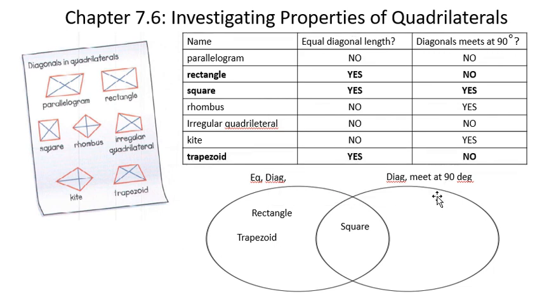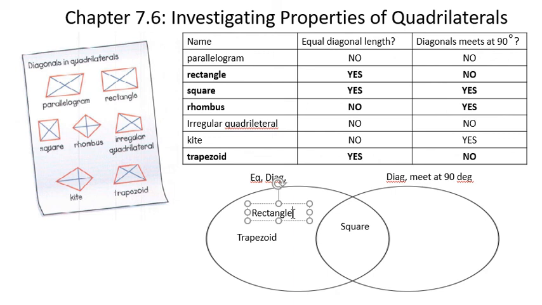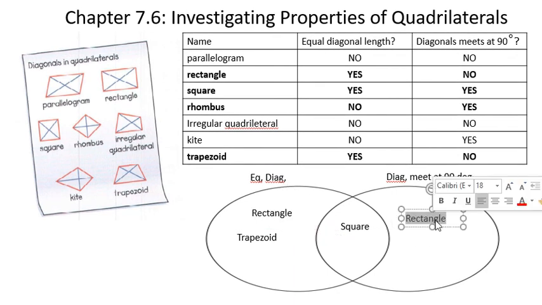Let's look for quadrilaterals where the diagonals meet at 90 degrees, but they're unequal diagonals. We could start from up here, and the rhombus has diagonals that meet at 90 degrees, but they're unequal diagonals. So let's highlight this one, and I'll call this rhombus.